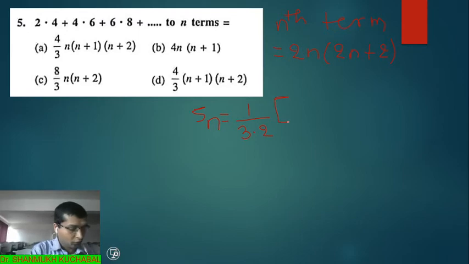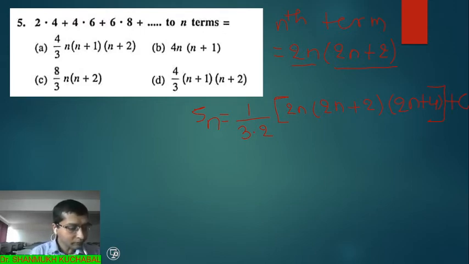Next, there are two factors, we have to increase one, that is 2n into 2n plus 2. One more factor, here it is 2n plus 0, 2n plus 2, so it is 2n plus 4, and close this bracket, and we have to add the constant c.